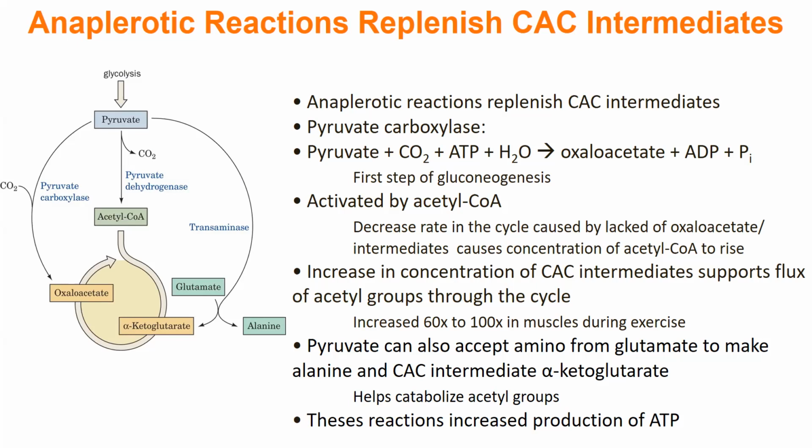What else can happen is that pyruvate can be made into alanine. We briefly talked about this when we looked at glycolysis without oxygen, when it can go to lactate. We briefly mentioned that pyruvate can go to alanine as well, through a transaminase reaction.